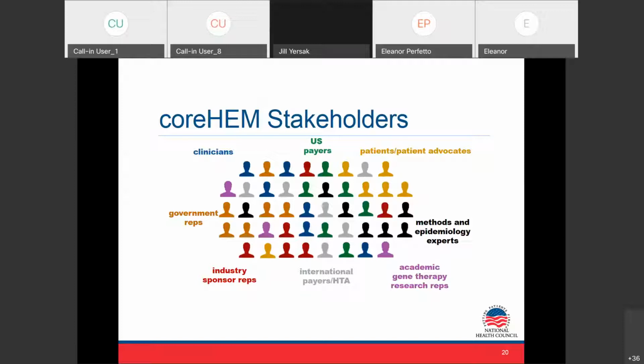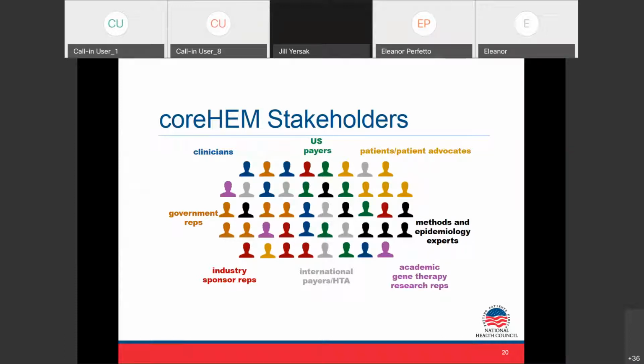So the way we do this is we engage not only patients, but also clinicians, payers, methods experts, and clinical experts. We get industry people who are developing the therapies involved, have people from the FDA, and we had the CDC on this as well.